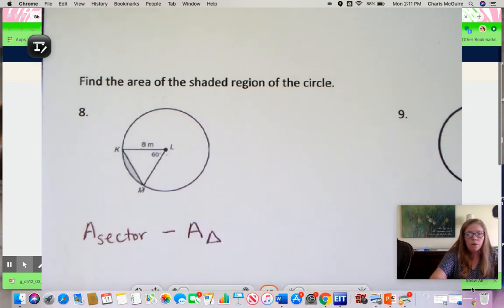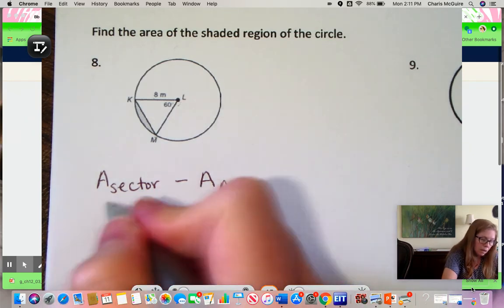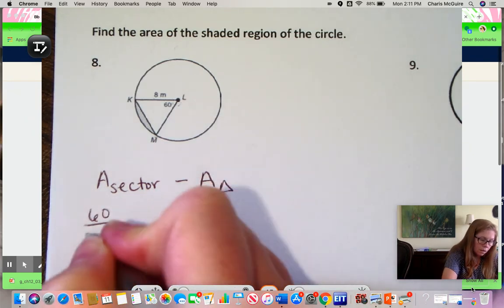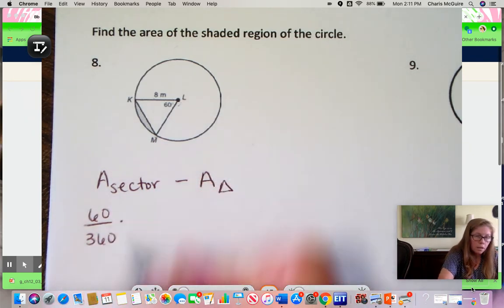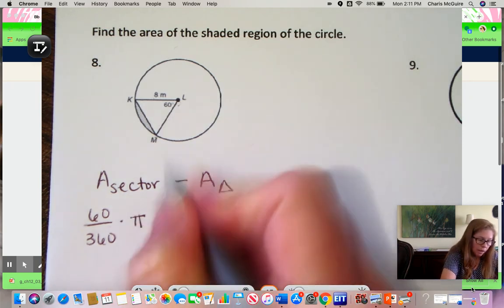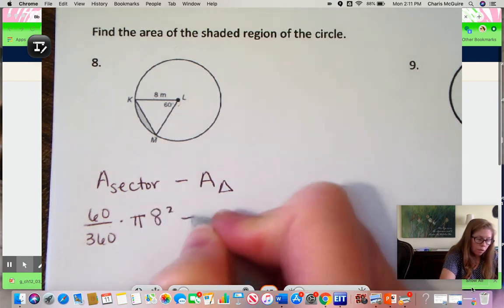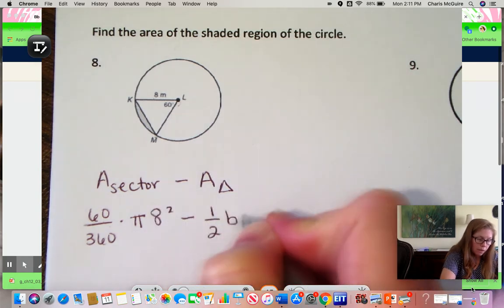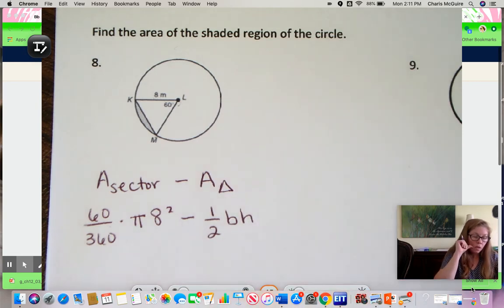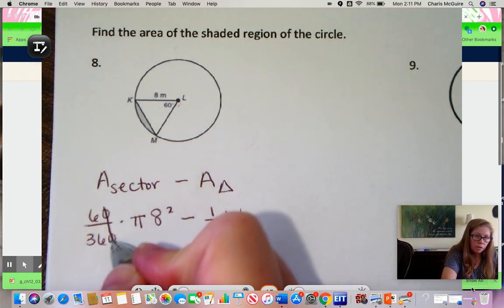So let's walk through both of these. The area of the sector is going to be 60 over 360 times pi r squared. Pi, and it is 8 squared. Now we're going to subtract this from 1/2 base times height. So let's do that sector real quick, and then we'll talk about the triangle. The zeros cancel.